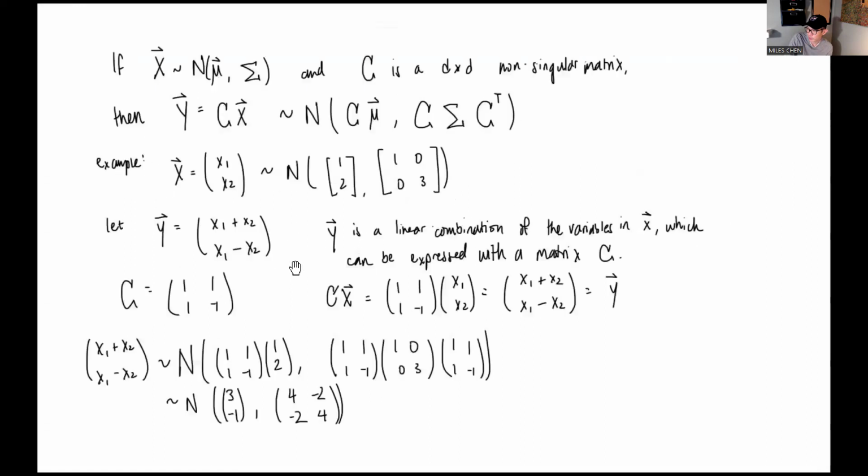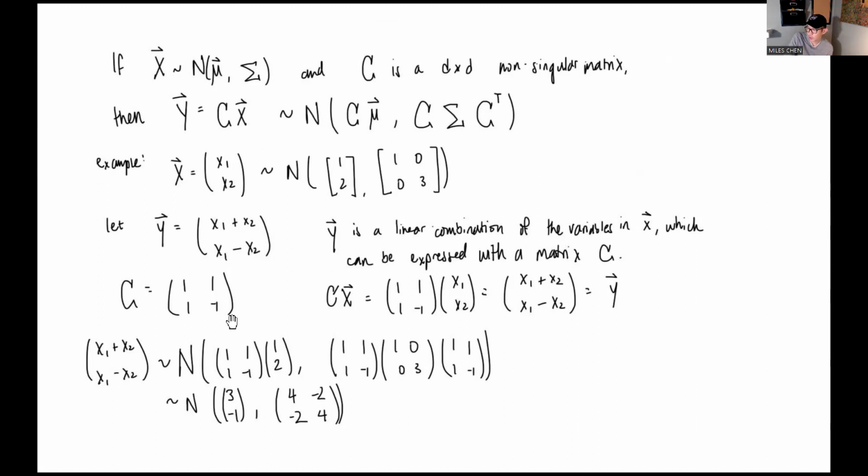So for example, X could have this normal distribution with mean 1, 2 and covariance matrix 1, 0, 0, 3. So you have independent components. And we're going to define Y. The first component of Y will be x1 plus x2, and the second component will be x1 minus x2.